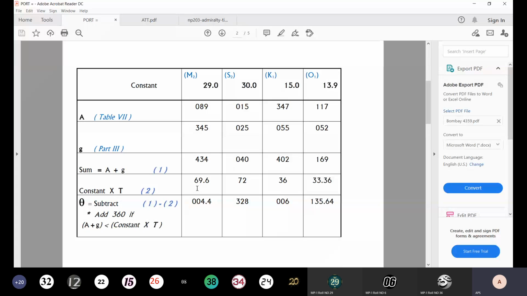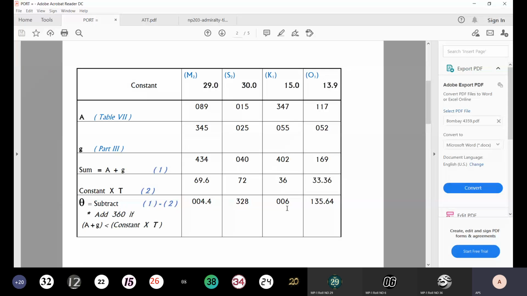So 1 minus 2, then 40 minus 72 will be negative. So add 360 to it. 402 minus 36 will be more than 360.